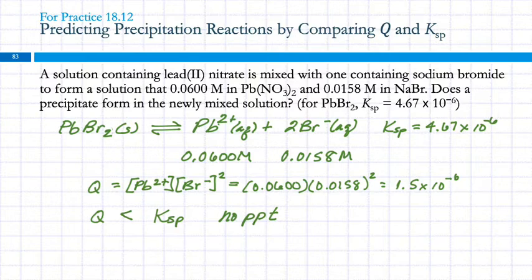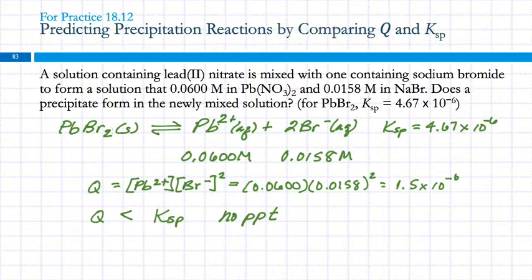I got 1.5 times 10 to the negative fifth. Yeah, so it is bigger. Ah, yep. Oh, I thought I paused it and I didn't. There's going to be an awkward part in the middle of that video.